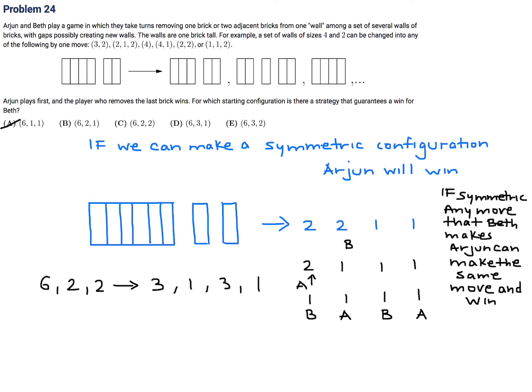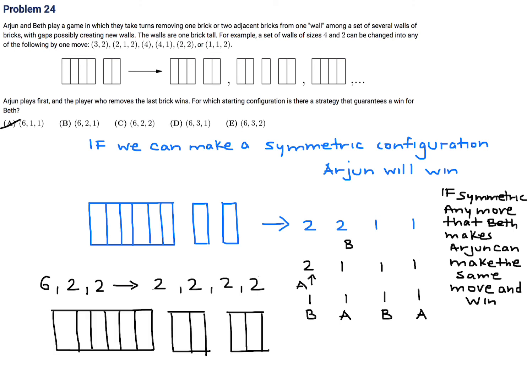How can I make that into 3131? 622 goes to 2222. And I need a new diagram. And that is symmetric if we do the following. If we just remove these middle two, then that would make 2222. So since it's symmetric, Arjun will always win, so that eliminates choice C.